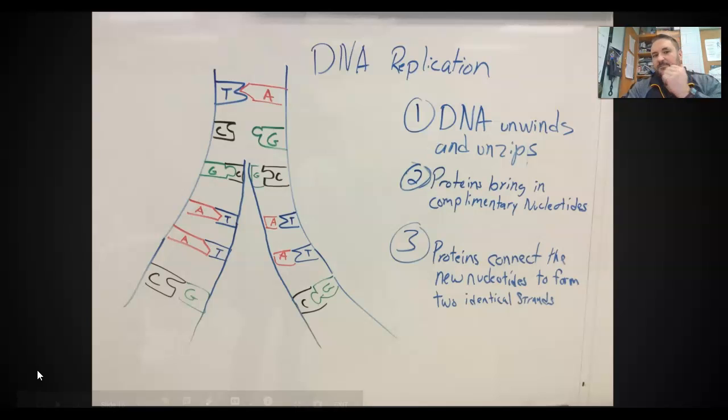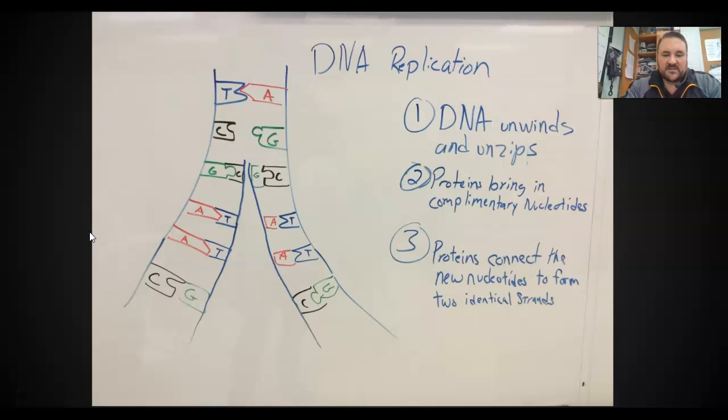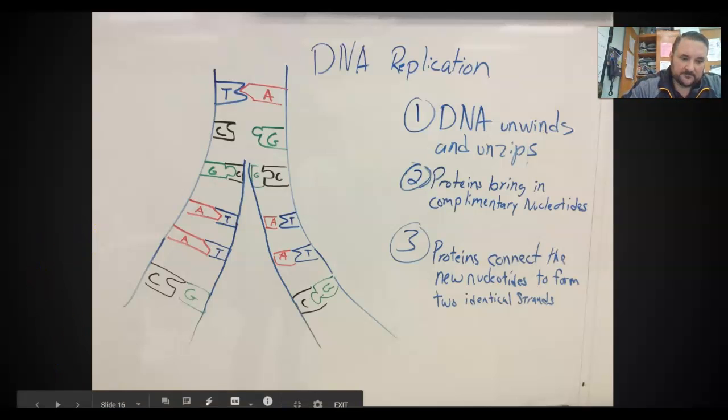DNA replication. DNA replication involves the unwinding and unzipping. There are proteins that cause it to unwind, just like if you could unscrew a bag tie when you twist it up. They unwind and then they unzip. And then these new bases bring in matching complementary bases so that you end up with one half of old DNA.